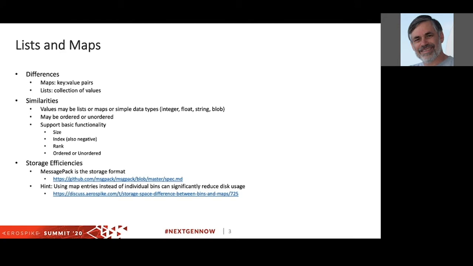There's a link here to the spec and the documentation on MessagePack. There's also a link to an Aerospike knowledge base article covering the differences between storing data in bins and storing data in maps in terms of disk usage. Both these links are available when you download the PDF file for this presentation.